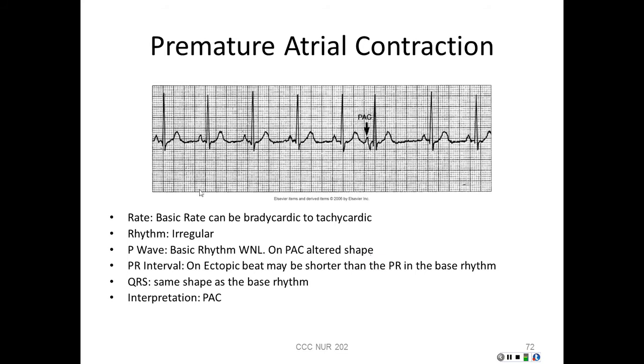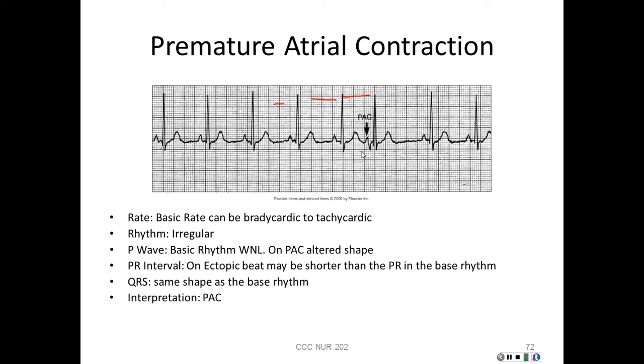Our SA node is firing. We see our P waves. We have normal P waves, and then all of a sudden we've got a beat that comes early. If you're marching this out with your paper, you'll see that this distance here is less than this distance. So this means this has come early.